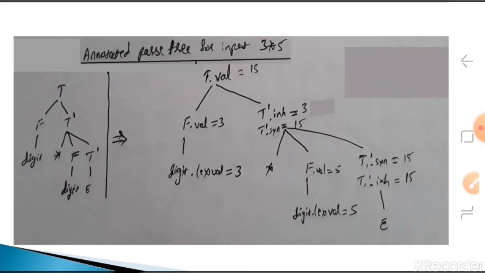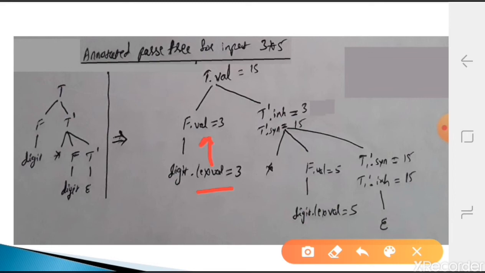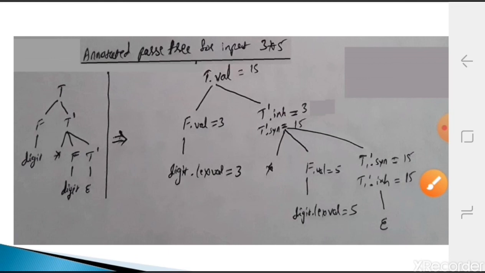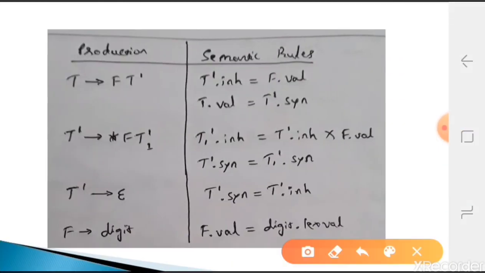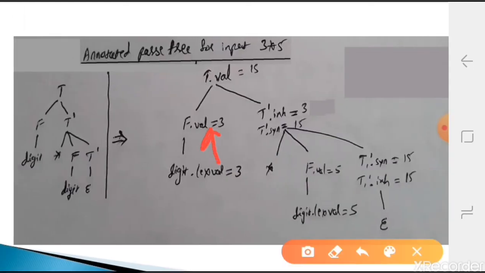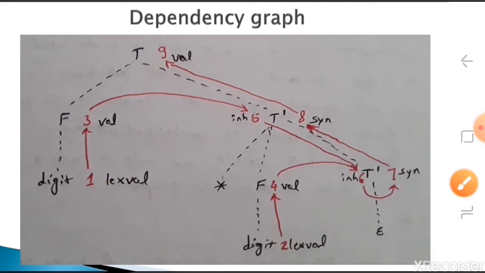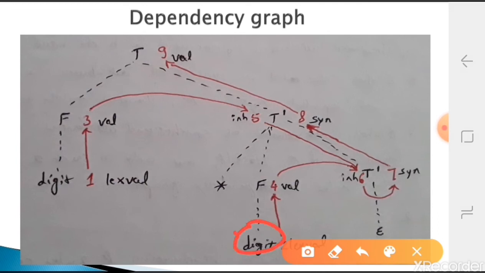First 3 came, then we pass it to F. This production is F producing digit, and it has one attribute, F.val. Whatever we got from the lexical analyzer, we give directly, so 3 is given here. The same thing happens on this side: whatever value came, we pass it.